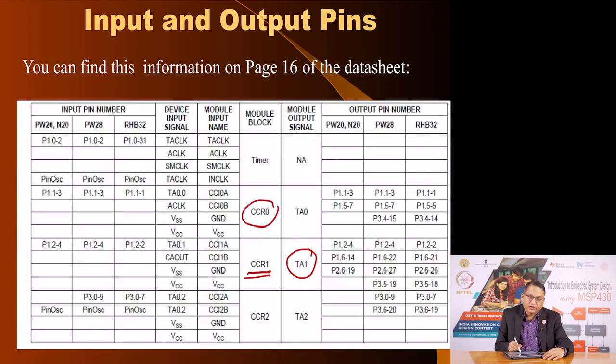Here we are going to store the value which will determine the frequency of the PWM signal, and this will give us output on P1.6. You can also route it to P2.6 or to P1.2.